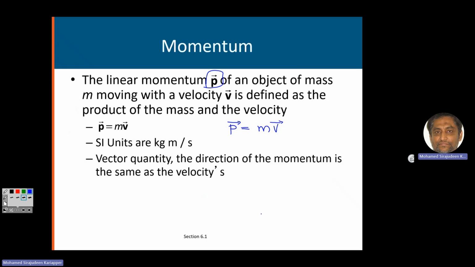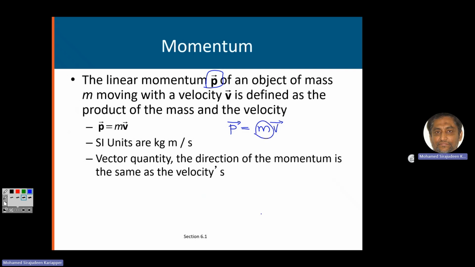So momentum is mass times velocity. Velocity is a vector, which will make momentum also a vector. It will have the same direction as the velocity. Mass is always a positive quantity, a scalar, so it is not going to flip the direction.